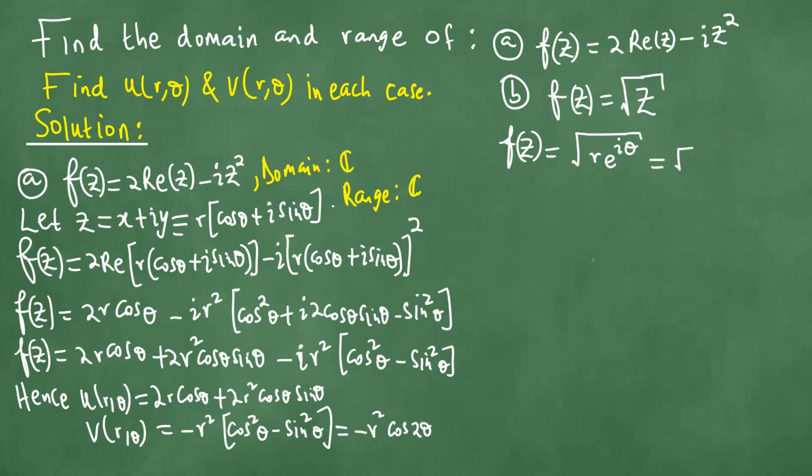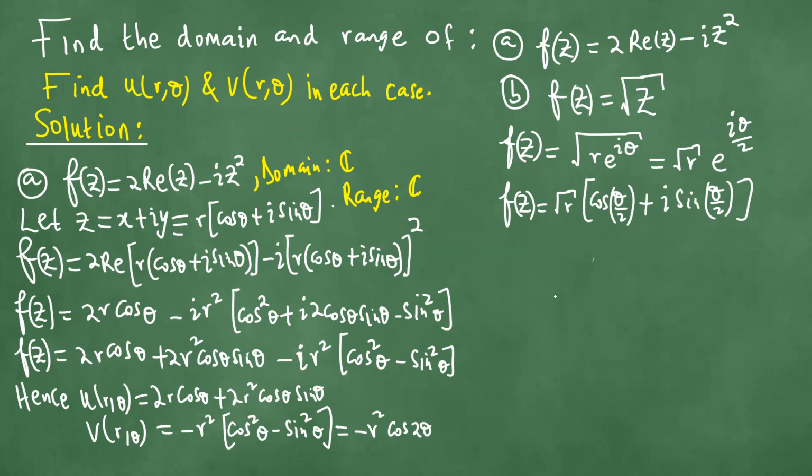In which case, therefore, this is the square root of r e to the i theta over 2. And what is f of z? This is the cosine of theta over 2 plus i, the sine of theta over 2.